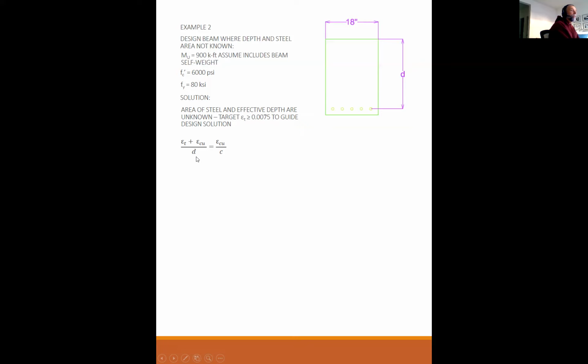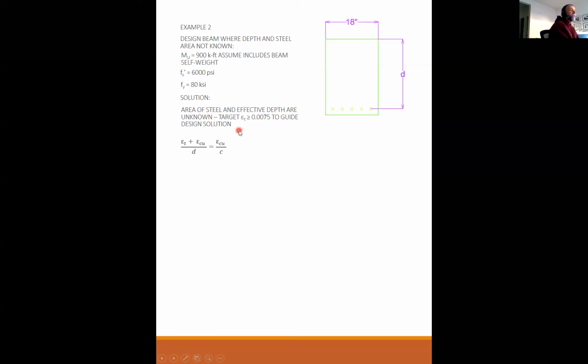So I'm going to use what we used before, similar triangles, where epsilon sub t plus the strain in the concrete, epsilon cu, over d, is equal to epsilon cu over c. If you guys remember, I'll just draw this real quick. So the strain diagram, this is the strain in the concrete.